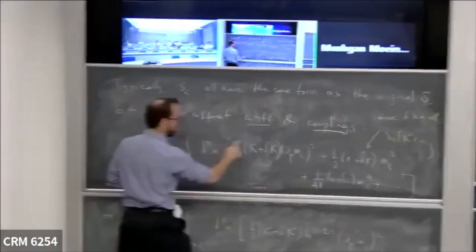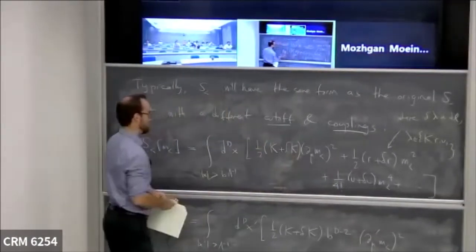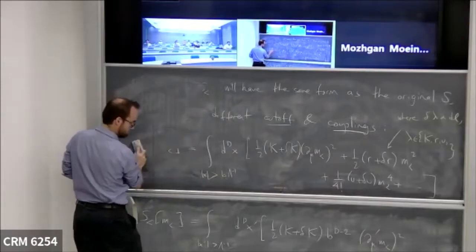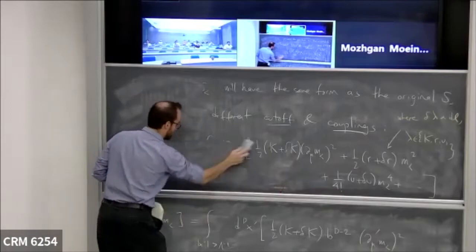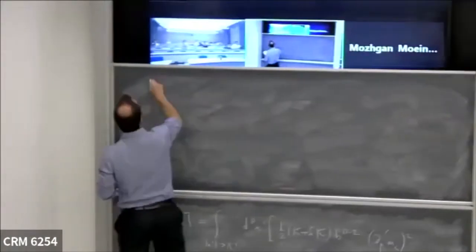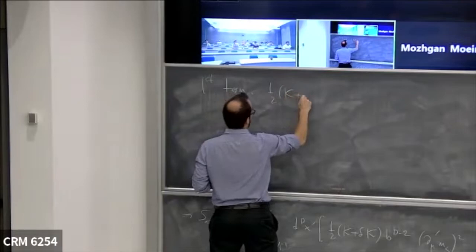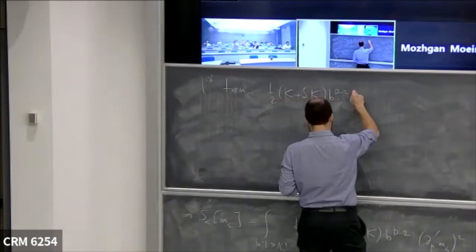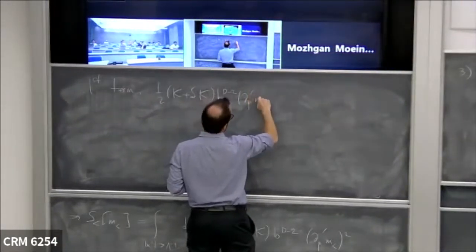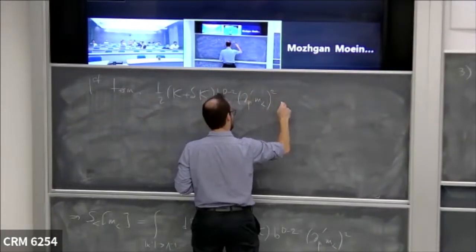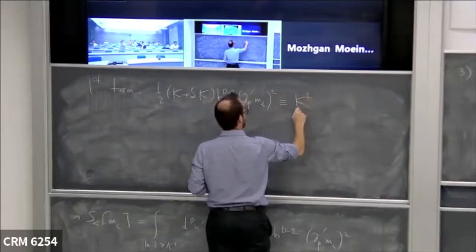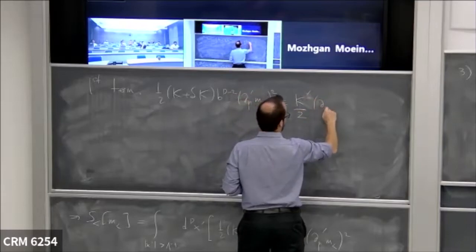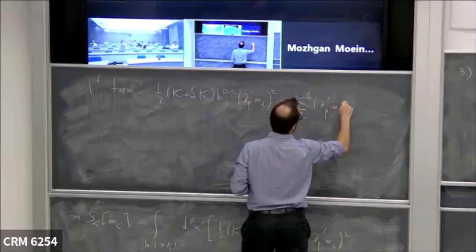And the idea will be to rescale things such that this first term looks just like the original term, with a different coupling. So the first term, k plus delta k, b to the d minus 2, partial mu prime of m lesser squared, we demand be equal to some k prime over 2 partial mu prime m prime squared.